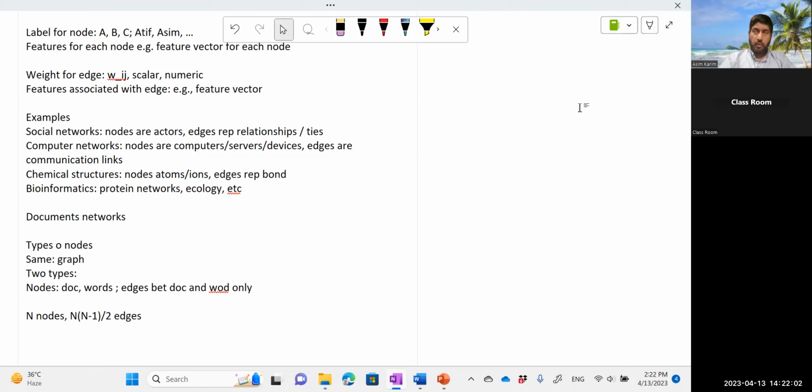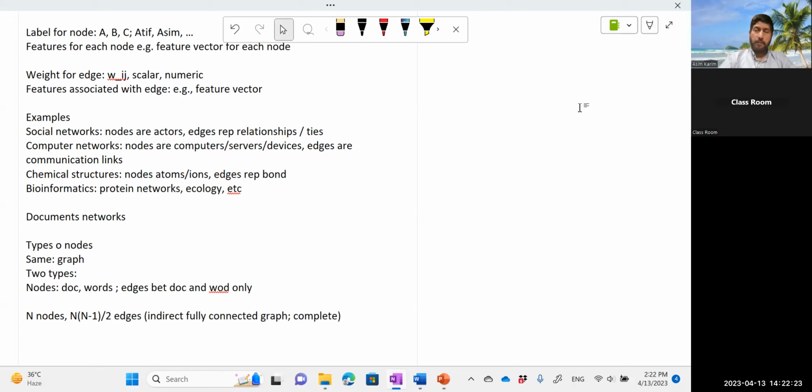This is for an undirected, fully connected graph. Such graphs are also called complete. If there are edges between every pair of nodes in the graph, then we call it a complete graph.